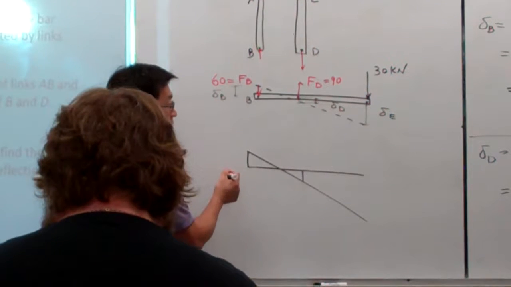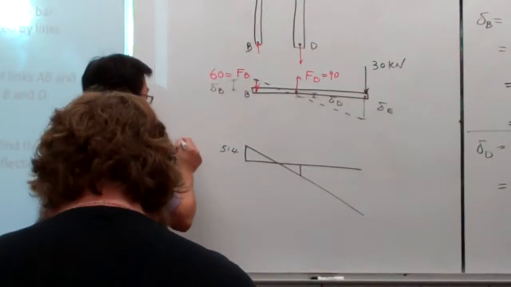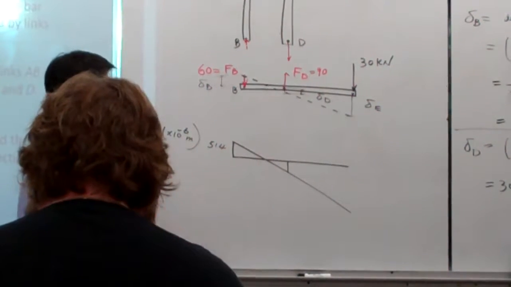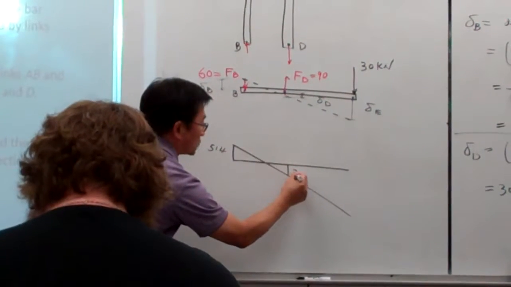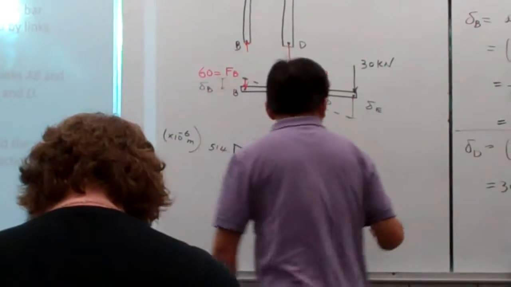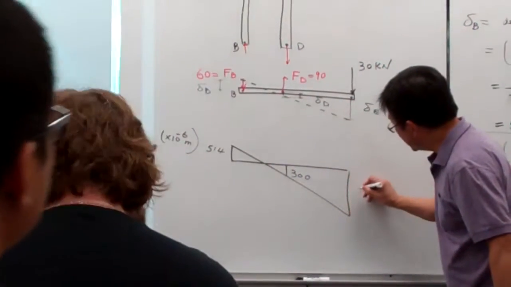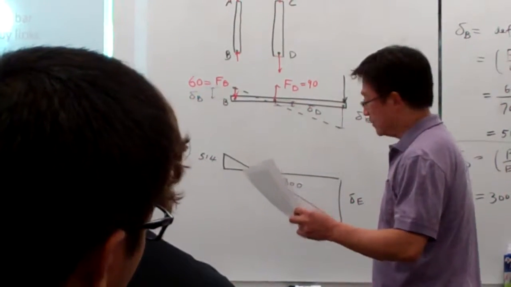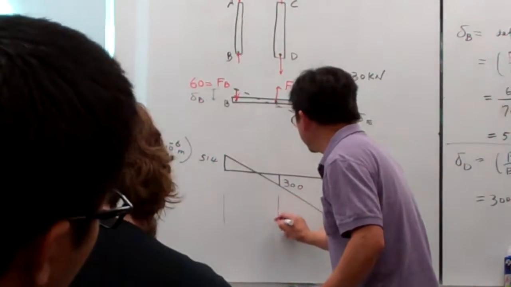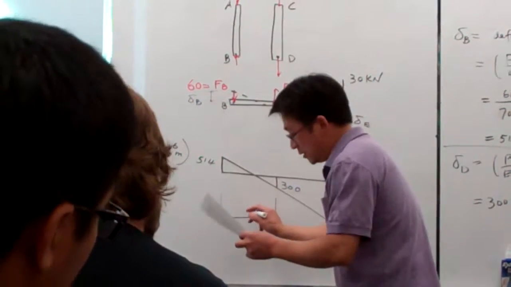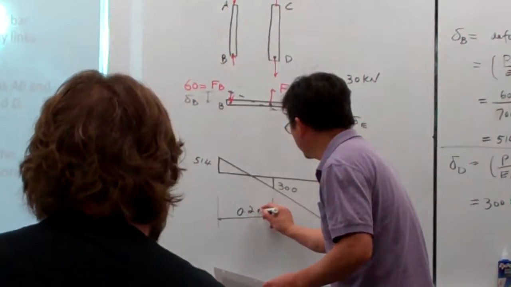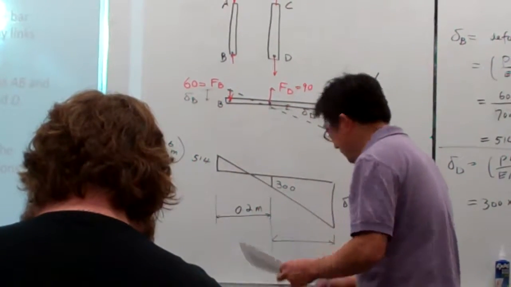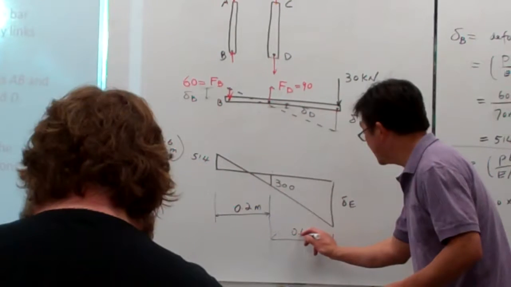So here is 514, and the unit is 10 to the minus 6 meters, and this one is 300. And right now we're looking for delta E. We have the dimensions here. From here to here is 0.2 meters, and from here to here, that is 0.4 meters.